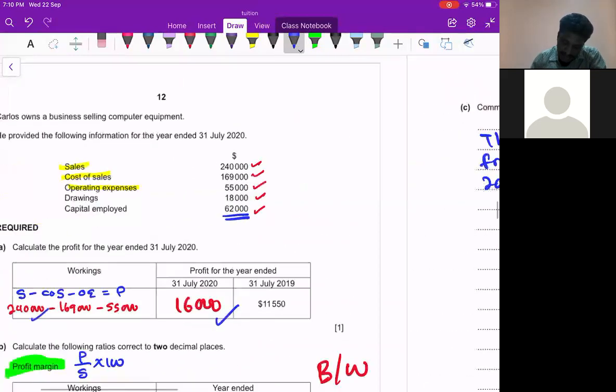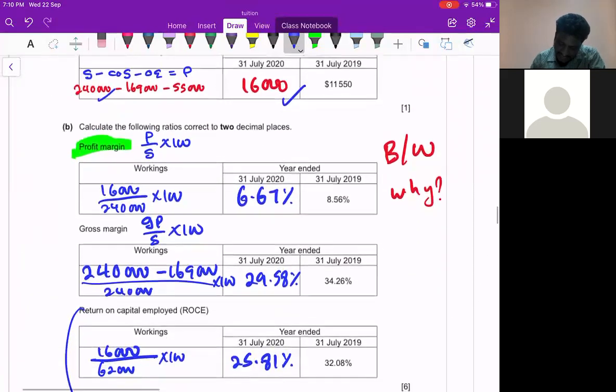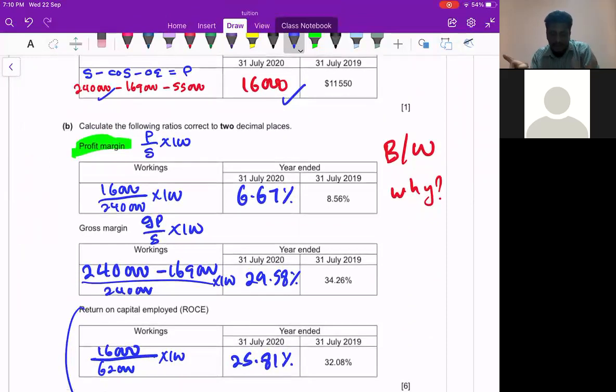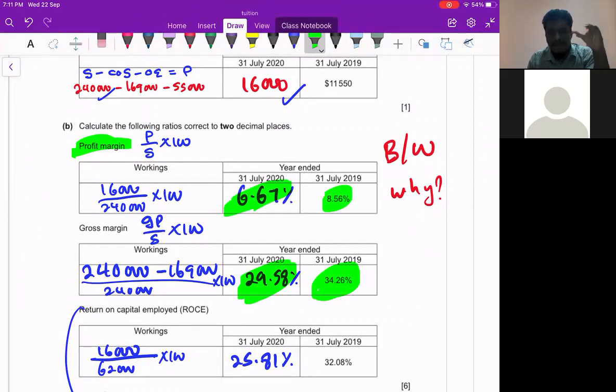Why this thing happened? Actually I don't have any idea, but if I see my gross margin is 34 and my profit margin is only 8. My gross margin is 29 and my profit margin is 6. So the gap is very big. So the gap is mainly because of what?